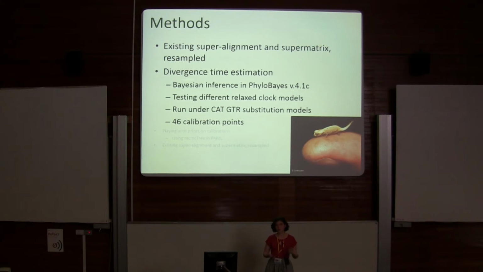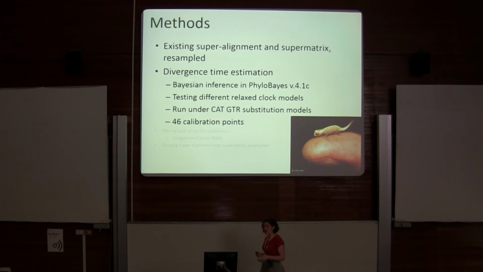So to do this, I'm using a subsampled matrix. I'm using about 159 taxa coded for up to 52 genes. And these were chosen to represent all the major groups and also all the more basal divergences in these groups.